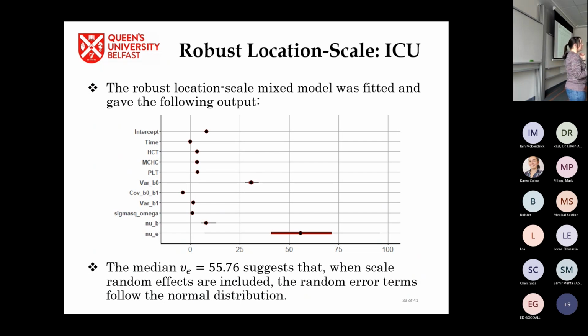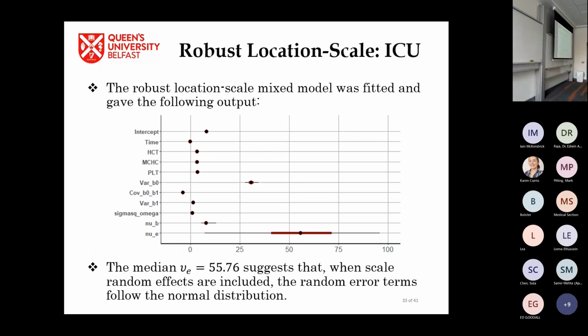If we look at the new E, however, our new E parameter is now above 30, and significantly above 30. So it's suggesting that once we take into account the individual specific scale parameters, the robustness with our random error terms is no longer needed. We just need to take into account the random scales instead, and suddenly the t-distribution isn't needed for that epsilon i.